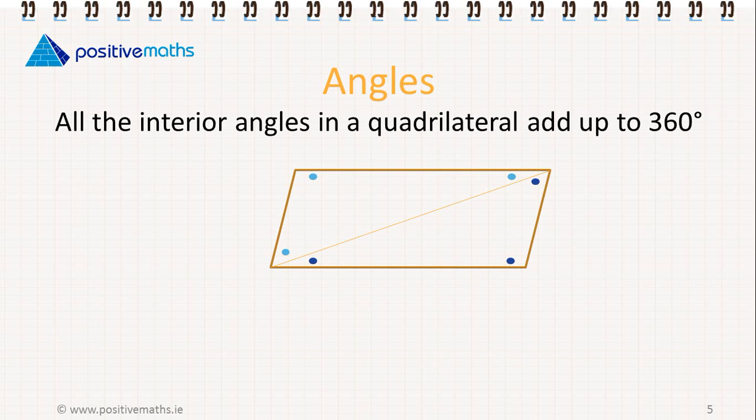All the interior angles in a quadrilateral add up to 360 degrees. In a previous video, we learned that the three angles of a triangle always add up to 180 degrees. So let's look at this parallelogram in two halves. We'll call this side A, and we'll call this side B. A really is a triangle, and we know that all of these angles, the light blue angles, add up to 180 degrees.